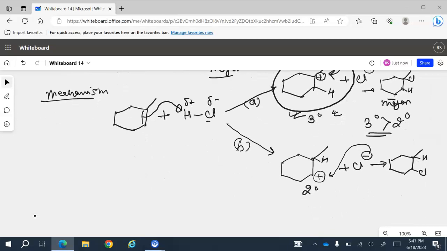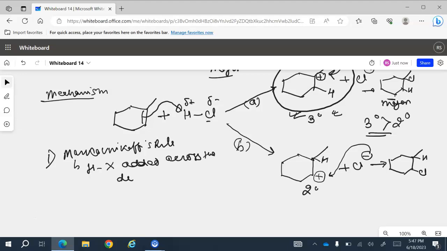So in two ways. One is Markovnikov rule is about when hydrogen halide is added across the double bond, hydrogen goes to the sp2 carbon containing the larger number of hydrogen. That is the one.